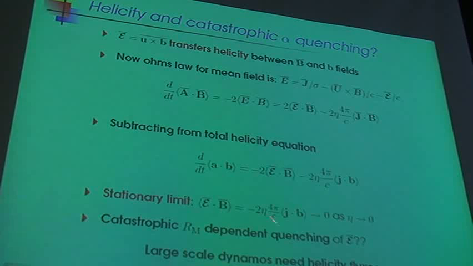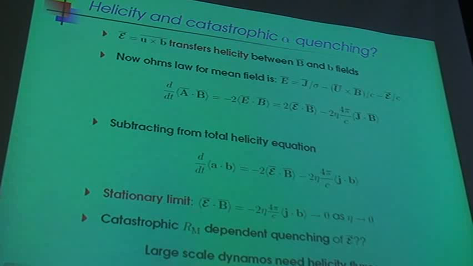Now we already said such terms typically go to 0 in many contexts when the resistivity goes to 0. So it looks as if in a stationary limit there is no component, or a very small component, of the turbulent electromotive force parallel to the mean magnetic field in a high magnetic Reynolds number system.